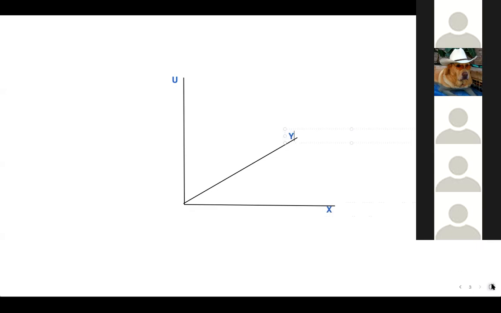But what you're going to be doing most of the time is looking at a graph that's only a two-dimensional representation of the three-dimensional utility function. So we're just going to show you the x and the y plane.